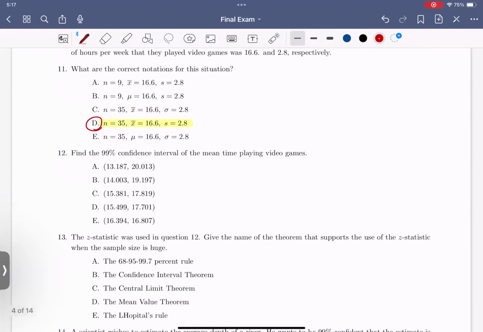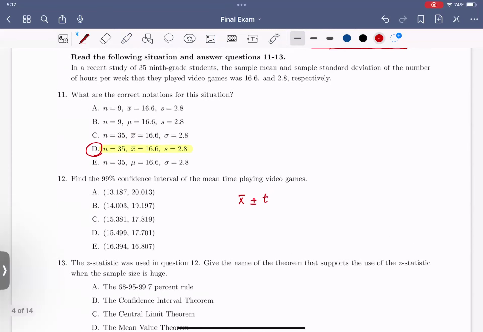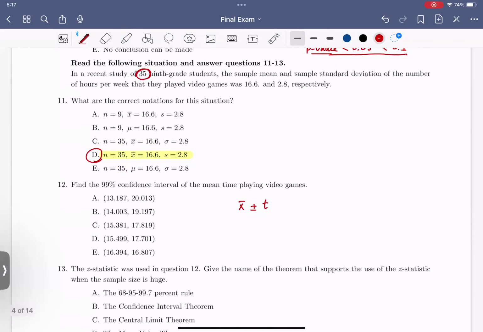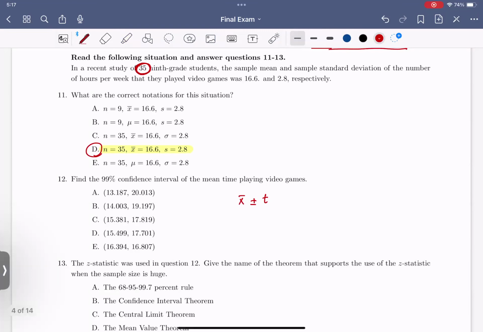Number 12, find the 99% confidence interval for the mean time playing video games. All right, this one you actually need to compute x bar plus or minus. Because the sample size is big, 35, you are going to use c.